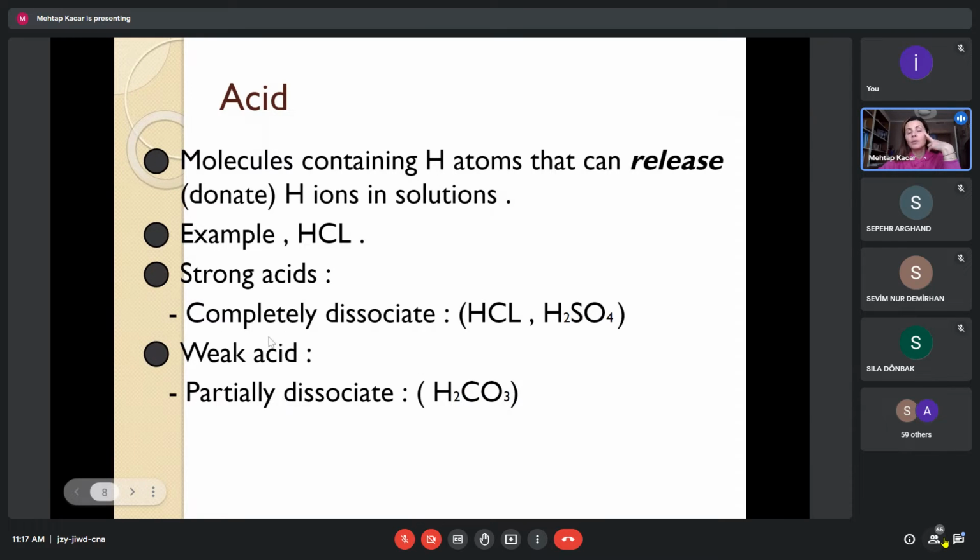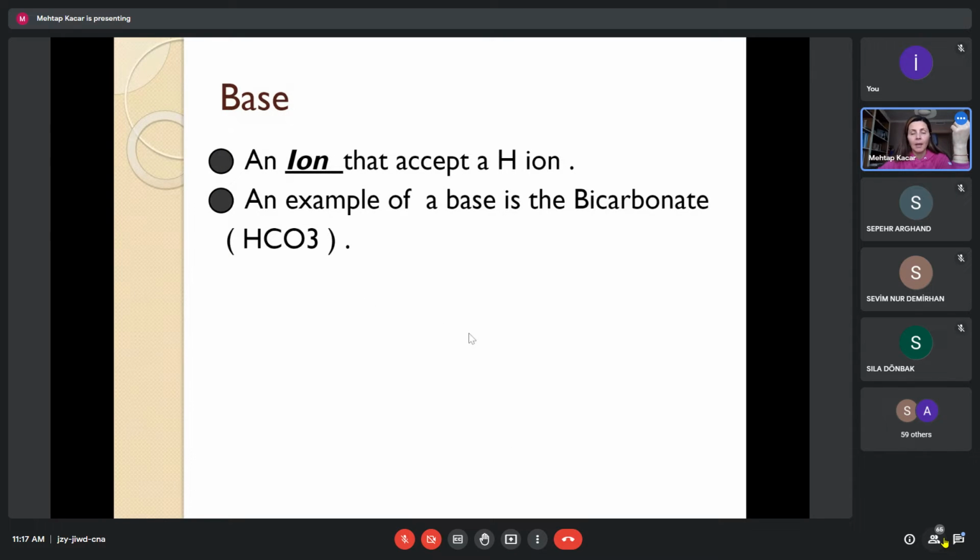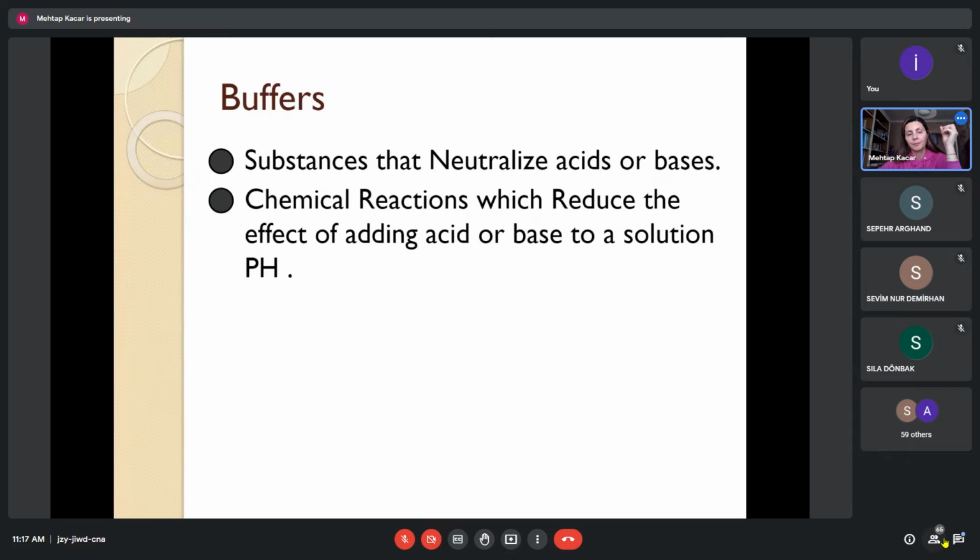And we also have weak acids. Weak acids release or dissociate partially, such as carbonic acid. What does base mean? A base is any ion that accepts a hydrogen ion. An example of a base, the main base for us, is the bicarbonate ion.